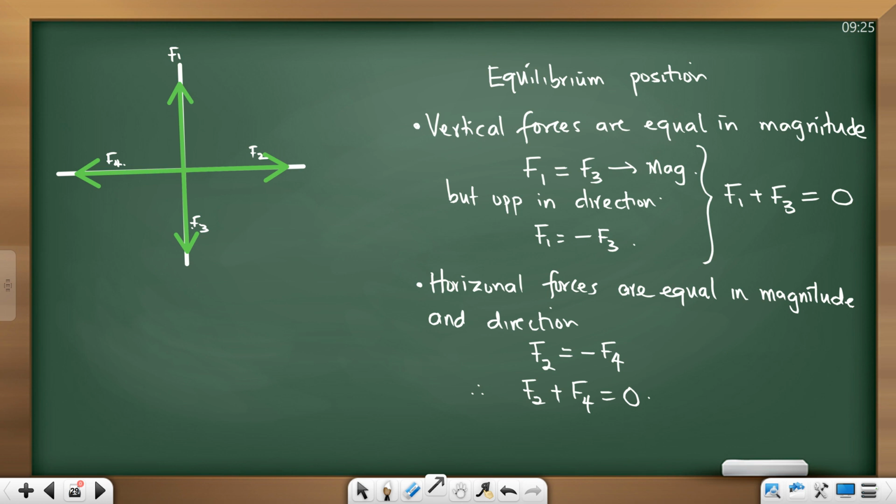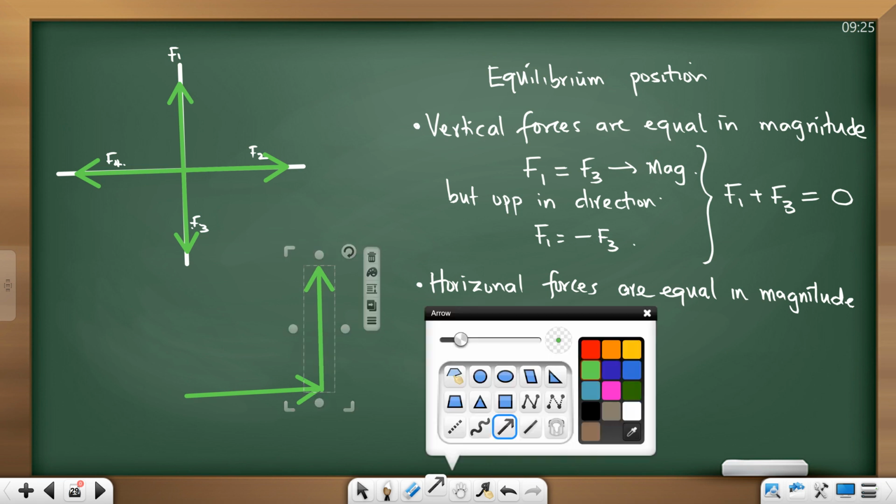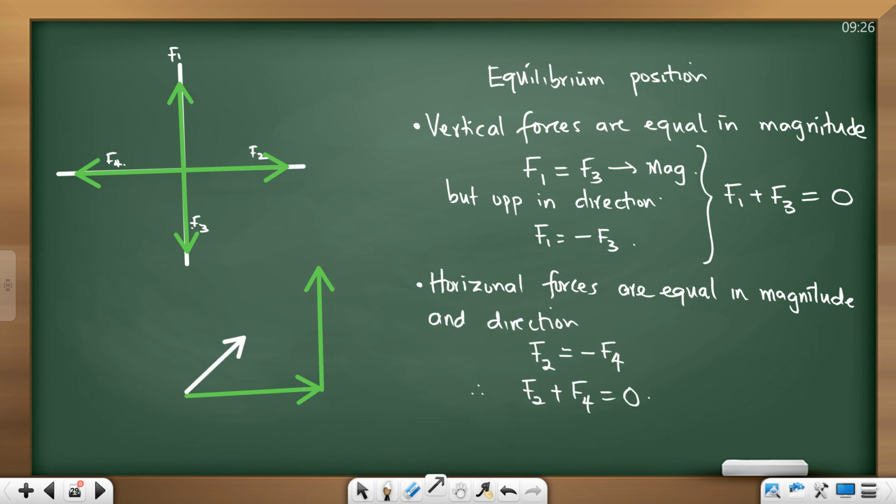This then means that if I have a force like that, and I have a force like this, all right, and have a closed diagram, if I have a force like that and call this F1, okay, I don't want us to mix it, then let me call it F1.